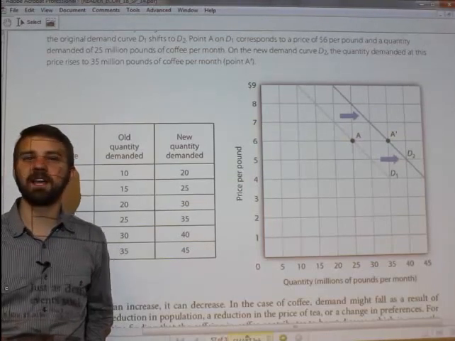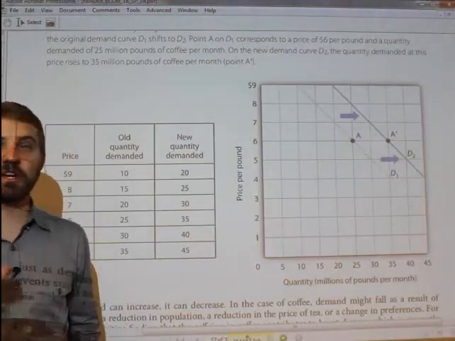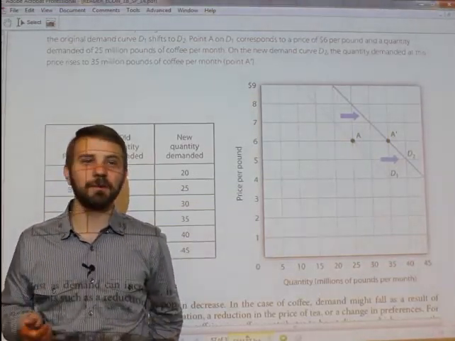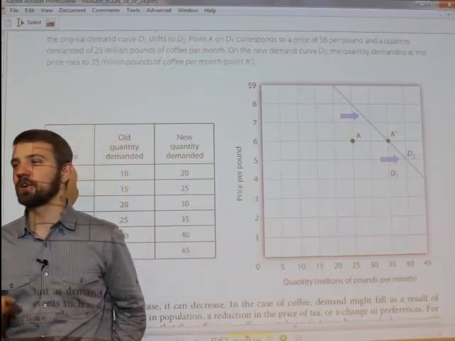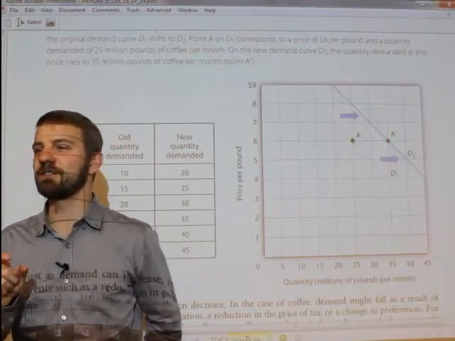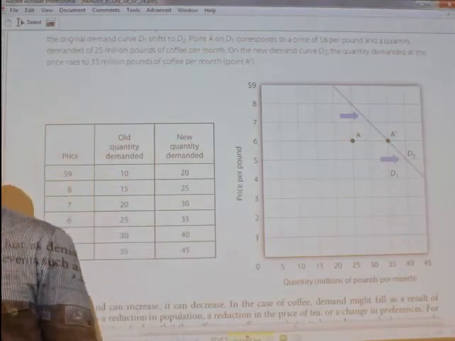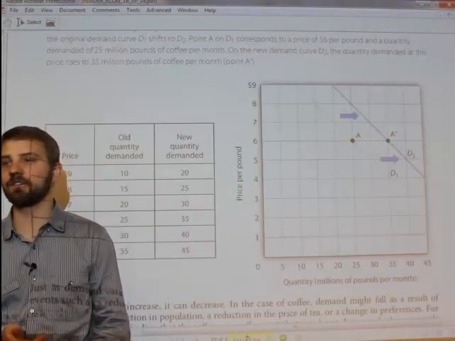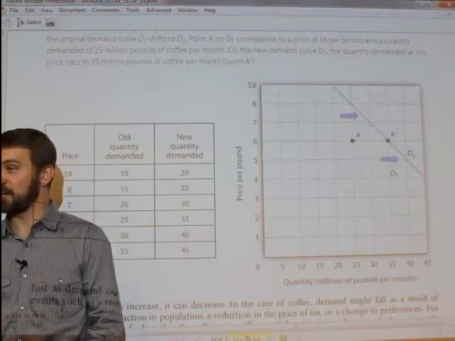Well, consumers might have changed their preferences. So when I was growing up, everybody drank very thin coffee that didn't have a lot of flavor. It was not until fairly recently that Starbucks and high quality coffee became popular, right?